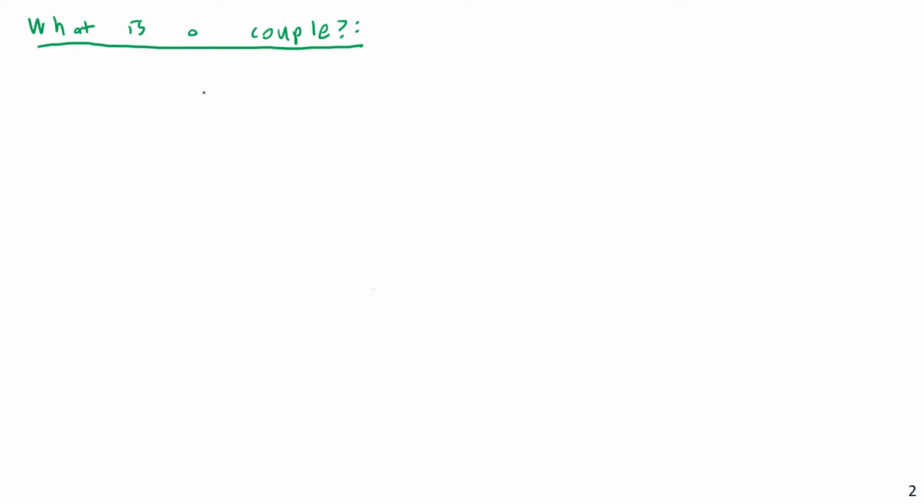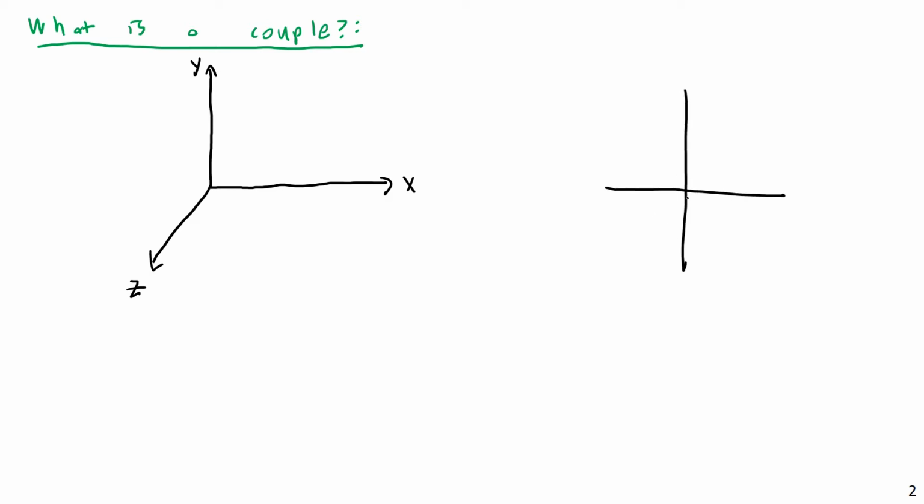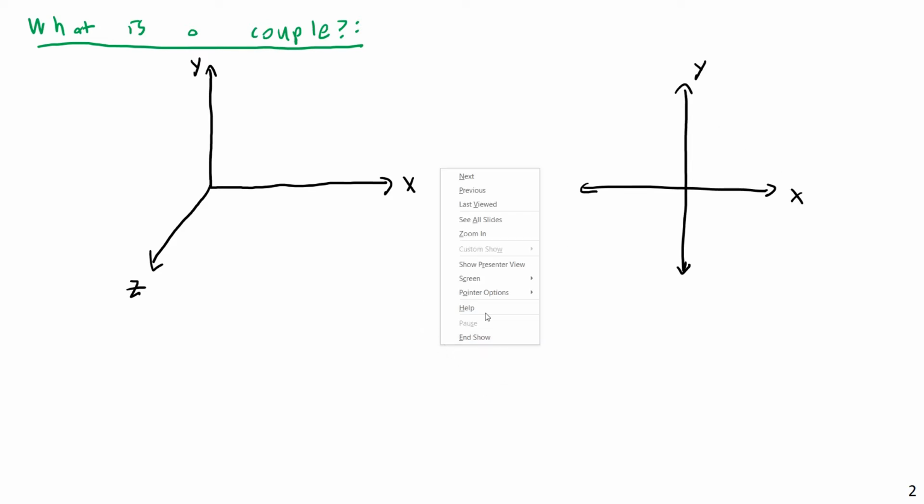So we know that if you have a 3-dimensional system or a 2-dimensional system, it doesn't really matter. Maybe I'll draw out one of each. X, Y, and Z, and then maybe just a simple 2D case as well, X and Y. In order to have a moment, we're going to need 2 things.